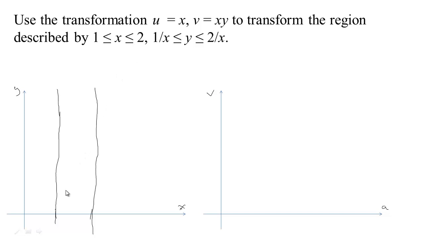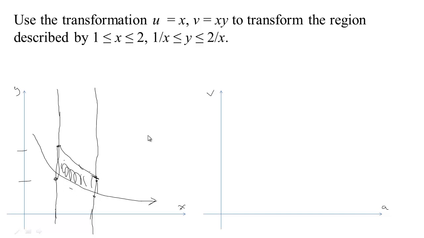Now if I draw the graph of 1 over x, 1 over 1 is 1, and 1 over 2 is 1/2, so we have a curve that's kind of coming down like this. It's got a vertical asymptote at 0. y equals 2 over x also has a vertical asymptote at 0, but at 1, this one has a value of 2, and at 2 it has a value of 1. So we have kind of an interesting shape here. Looks something like this.